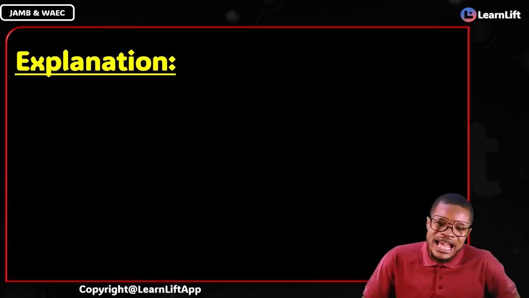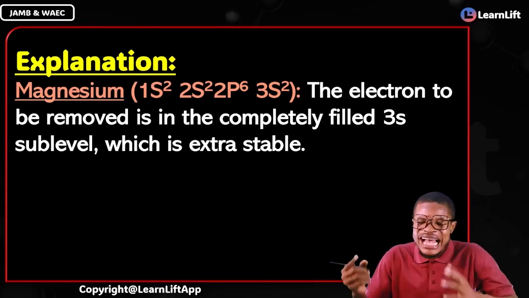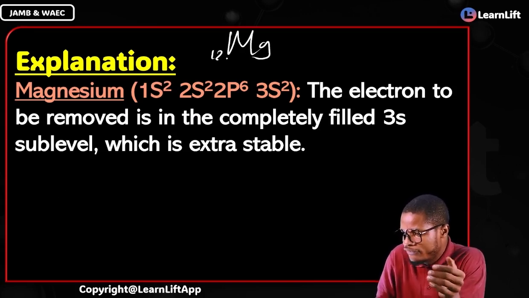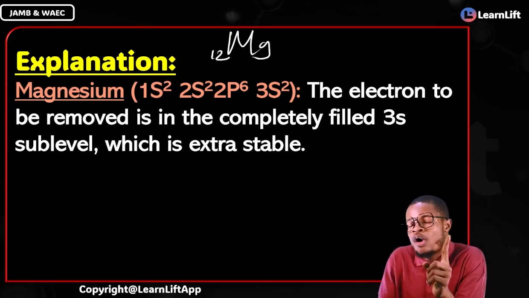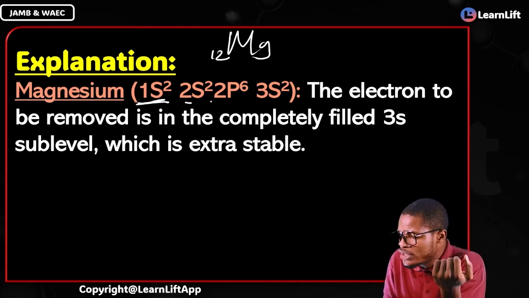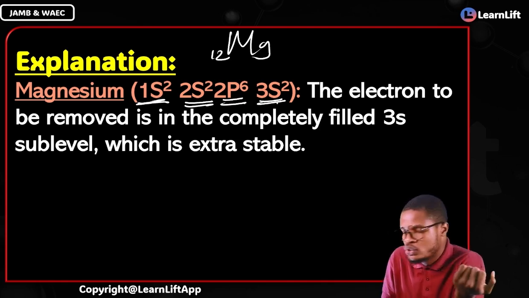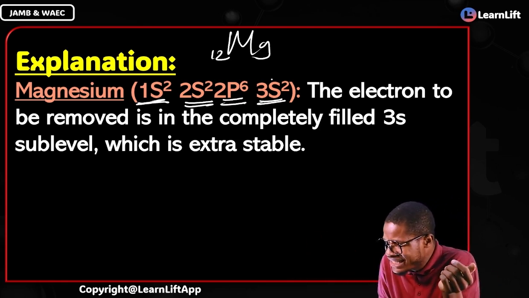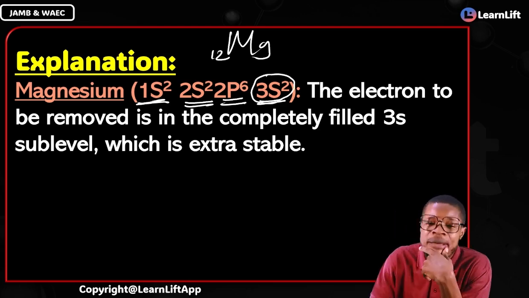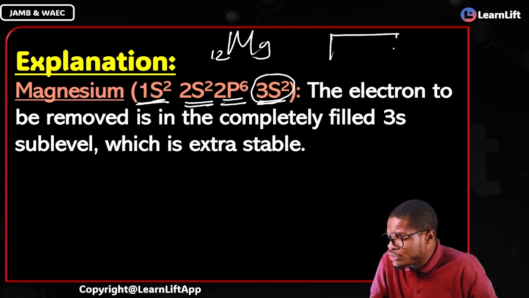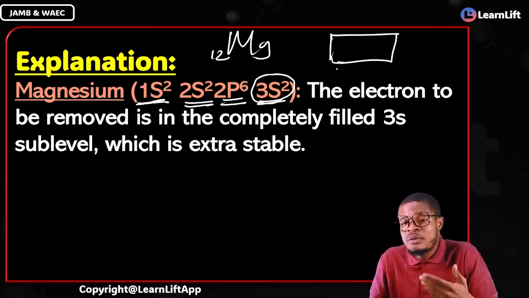Let's say we are looking at magnesium. Magnesium, Mg, is number 12. The electron configuration for magnesium is 1s2, 2s2, 2p6, 3s2. Count it now, 12 electrons. This 3s2 that you see there, the s orbital can hold a maximum of 2 electrons.